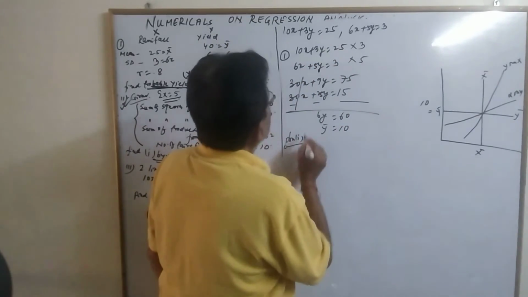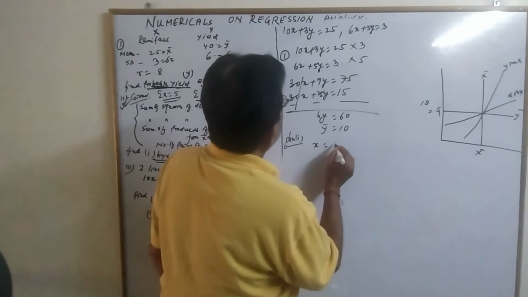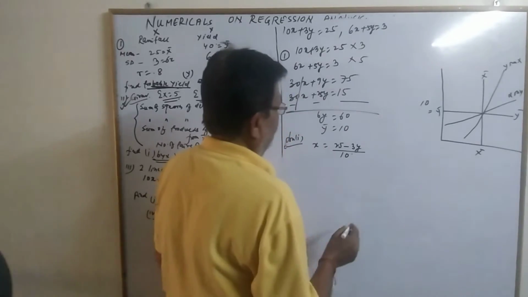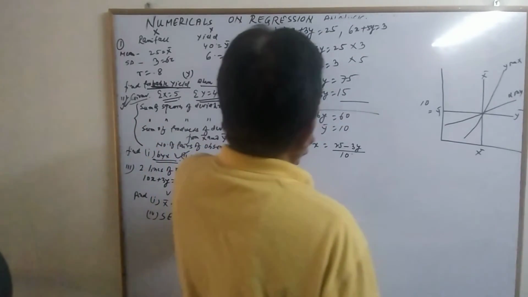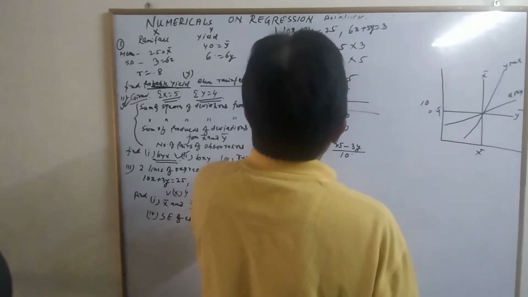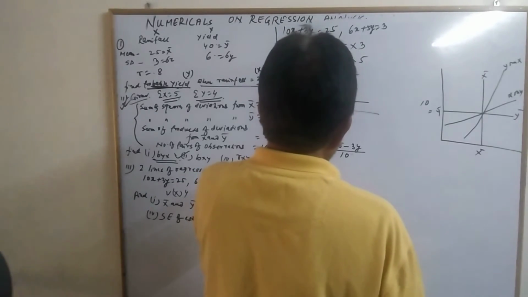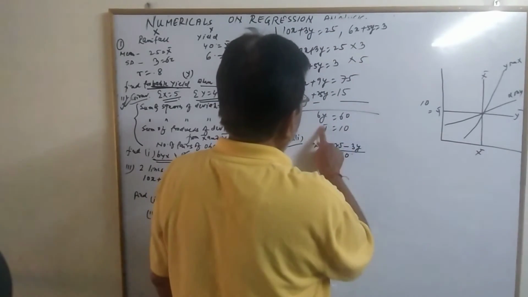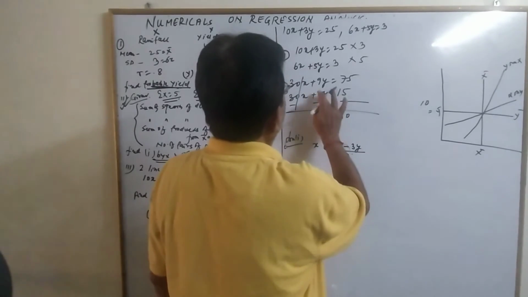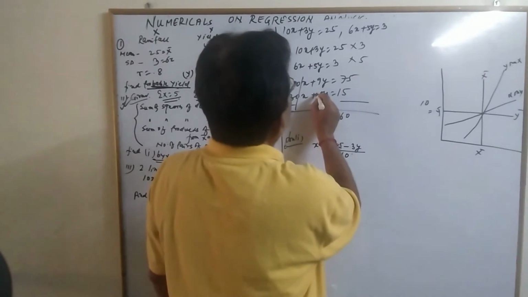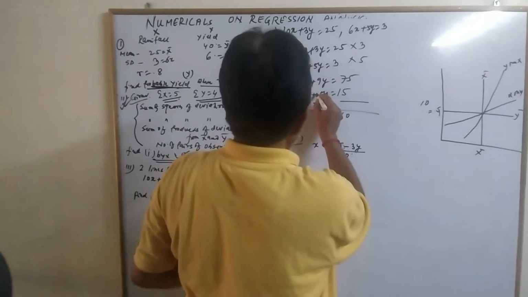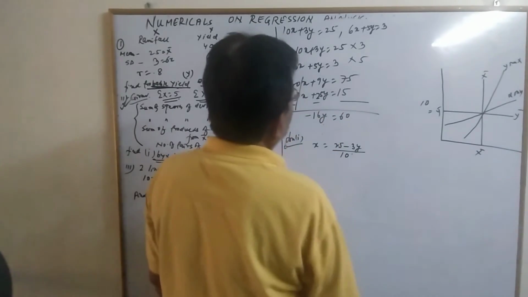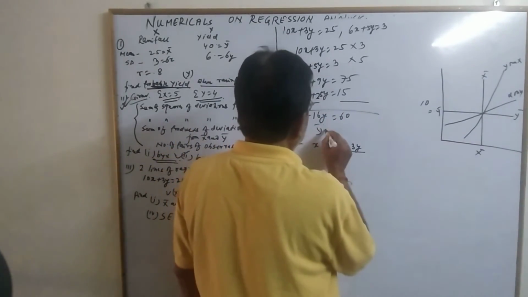So from 1, x would be 25 minus 3y divided by 10. No. Sorry. That was a slip.